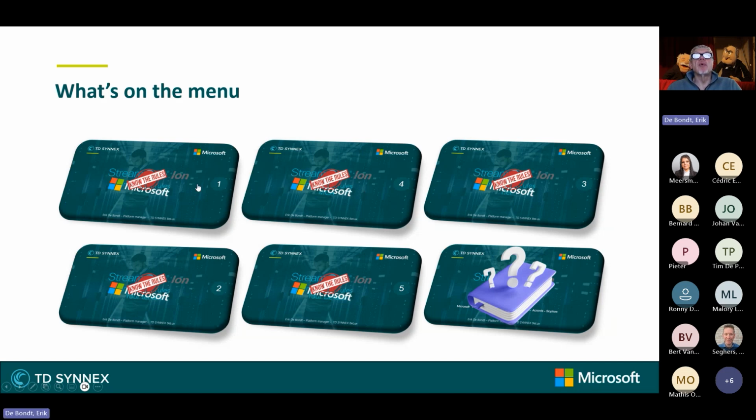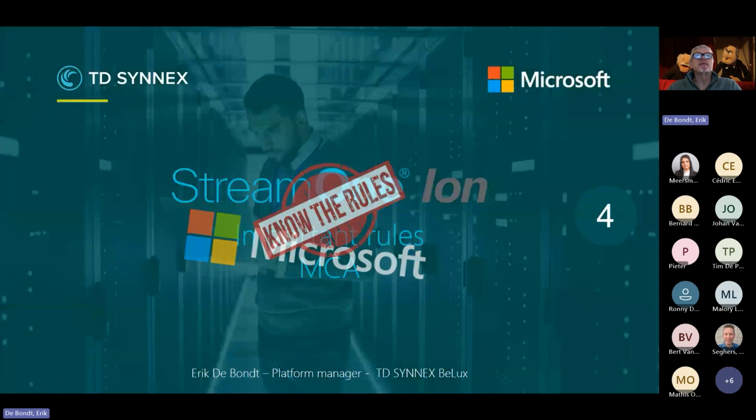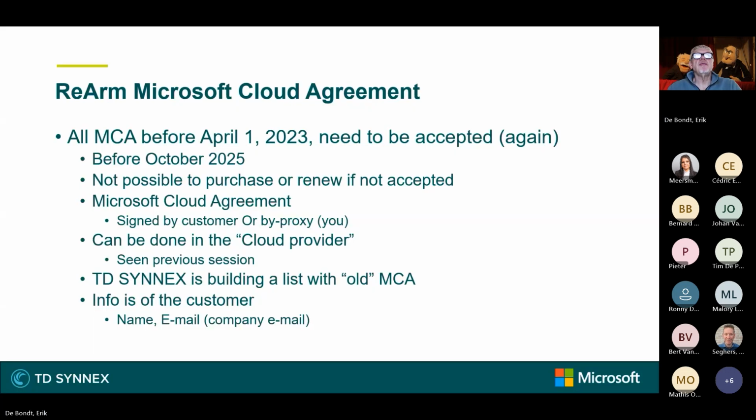So rule 1, rule 2, basically June is a time frame, so we need to hurry up. Next upcoming, we have time till October, which is basically the Microsoft Cloud Agreement. If your customer has signed, accepted the MCA, Microsoft Cloud Agreement, before April the 1st, 2023, it needs to be accepted again.